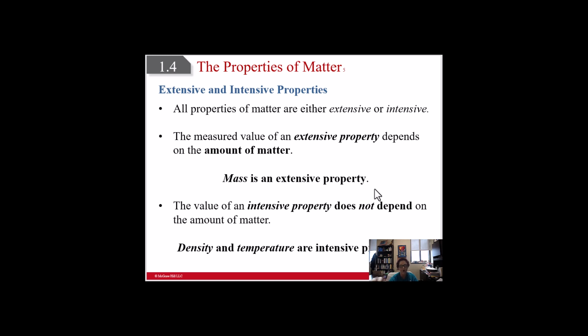It's going to weigh more when I put it on a scale. The value of an intensive property does not depend on the amount of matter. So those are things that are kind of innate in that material, like density and temperature are intensive properties. They don't depend on how much you have. If you have a gram of material, if you have a ton of material, its density will always be the same.